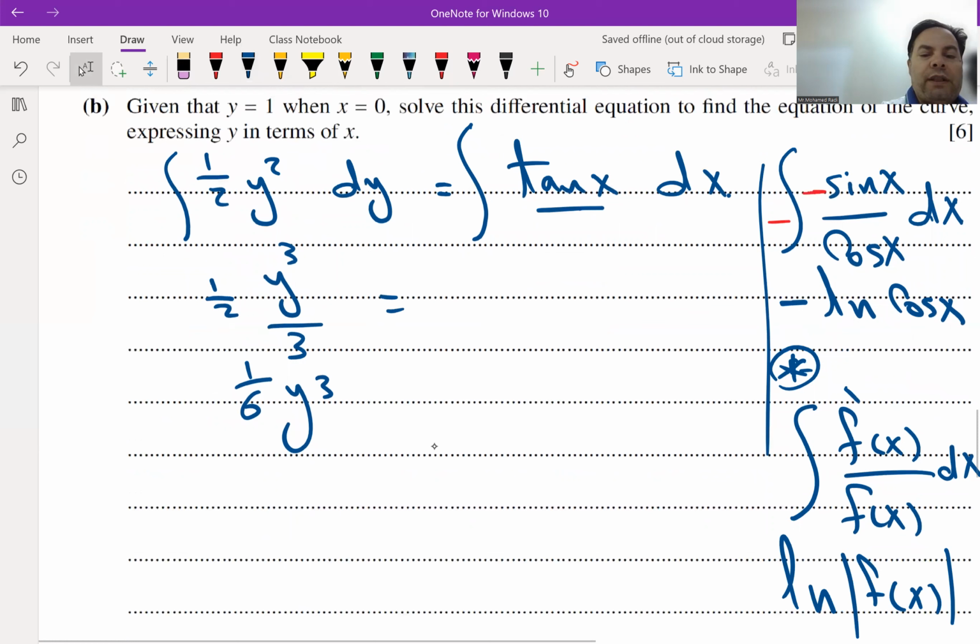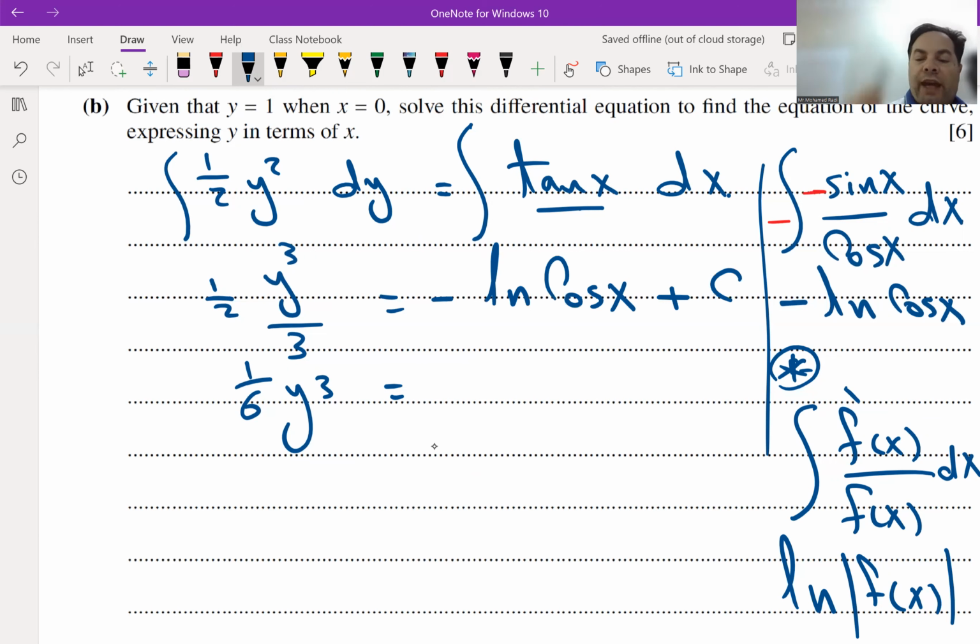So the integral of tan is negative ln cosine x plus c. You can raise the negative 1 up to be cosine to the power of negative 1, which is sec x, or you can keep it if it is not required in a specific form. So I will write it as negative ln cosine x plus c.